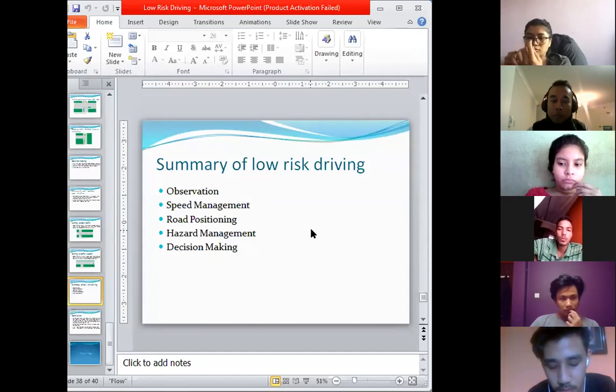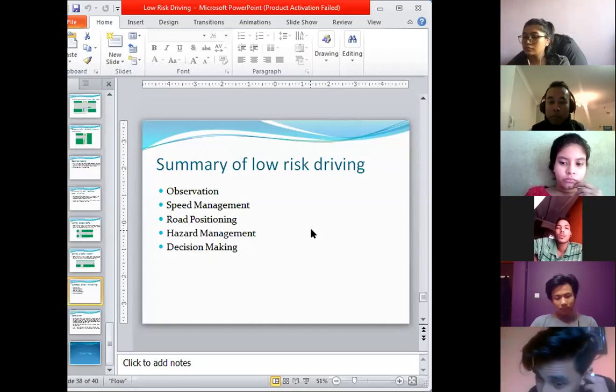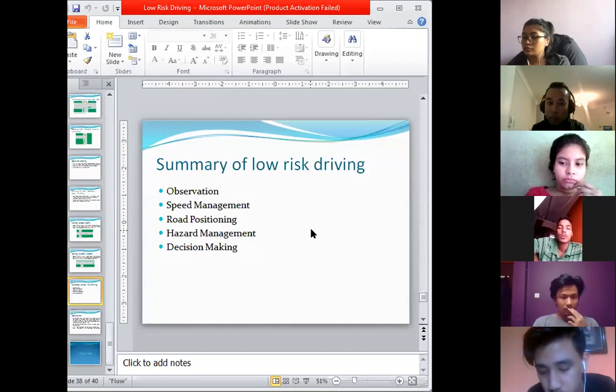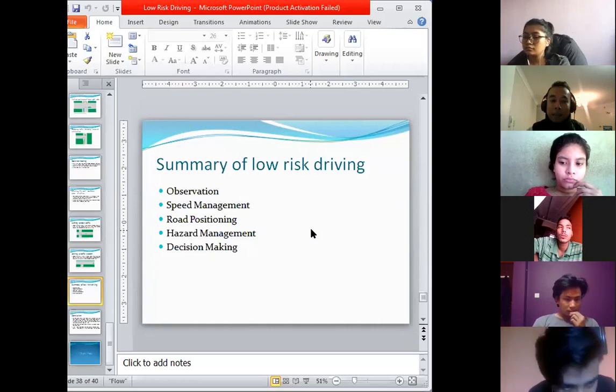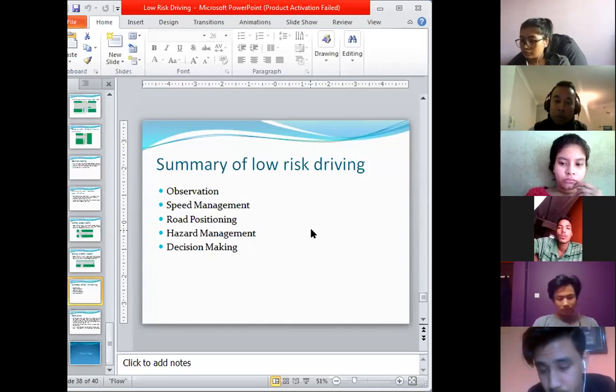And depending on the situations, for example rain, crescent curves, hazards, narrow streets, parked vehicles on the streets, and blind corners, you need to slow down. If you slow down in those situations, you have less chance of being in a crash. So your risk of driving will be lower if you know how to manage the speed.